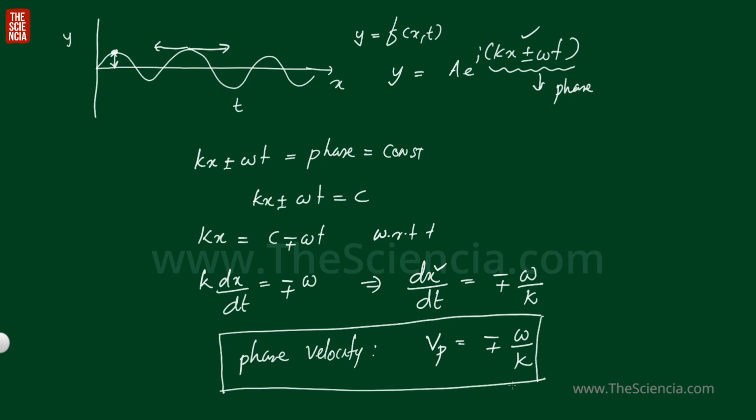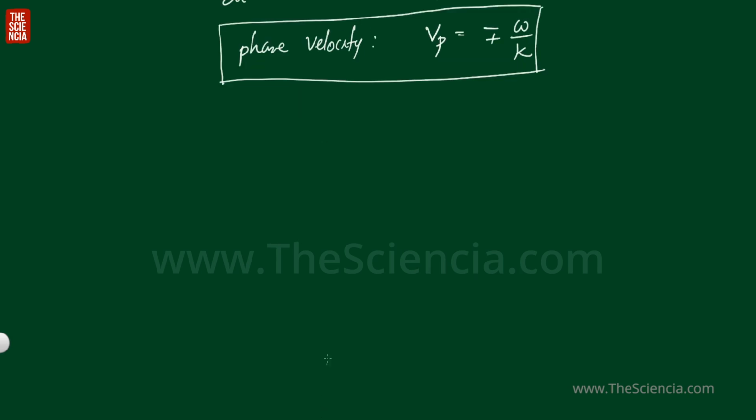That is Vp equal to minus or plus omega by k, where omega is angular frequency and k is the propagation constant. And the group velocity is defined as Vg is equal to d omega by dk.